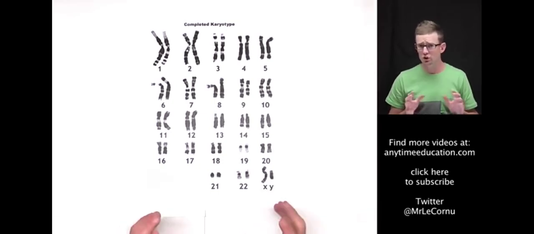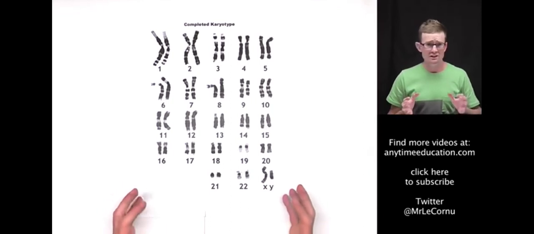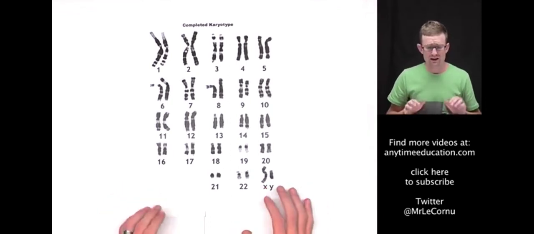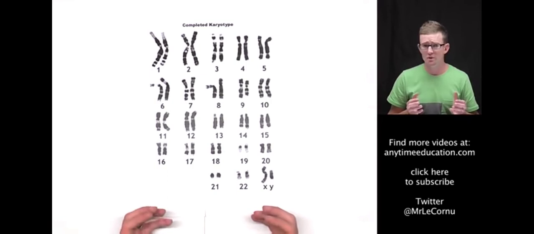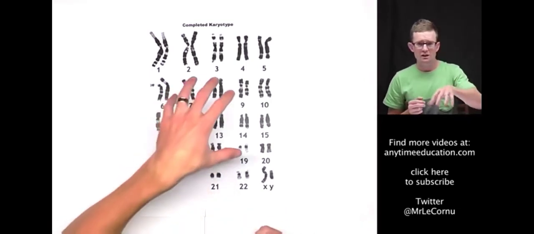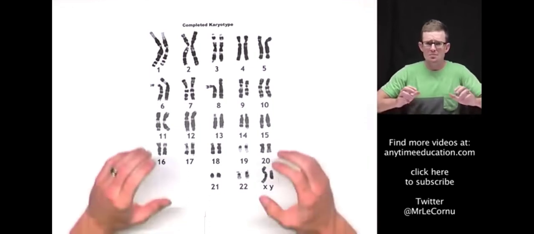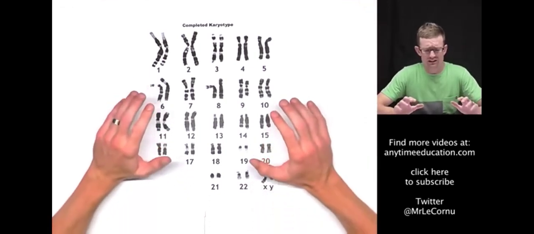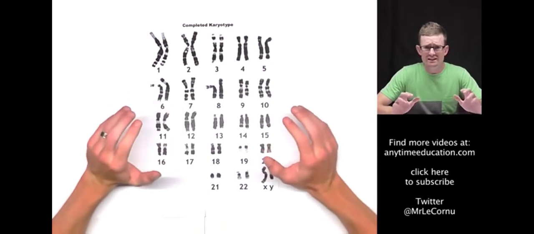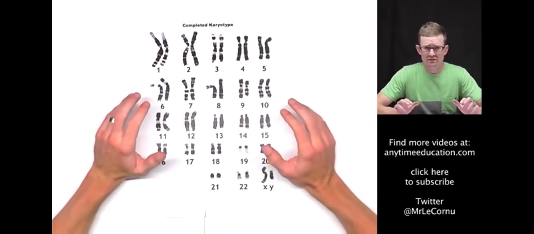Now, I need to tell you about the Human Genome Project. It's a fantastic initiative that has helped us to learn so much information about human DNA. And what we know currently, our best research at the moment tells us that there are approximately 20,000 human genes.